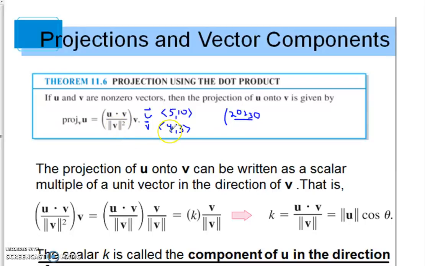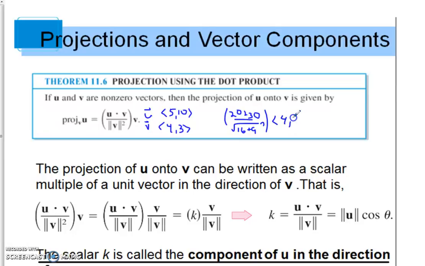So that's the square root of 4 squared plus 3 squared, so 16 plus 9, and that expression squared, and then times vector v, which is 4, 3.